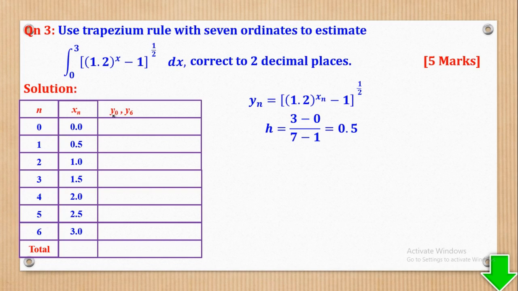For y0, it means that you substitute this value of x in this part. When I substitute that there, I'll come up with 0. Why? Because 1.2 to the power 0 is 1, since any number to the power 0 is 1. Now 1 minus 1 gives you 0, so in the end we'll come up with that 0.